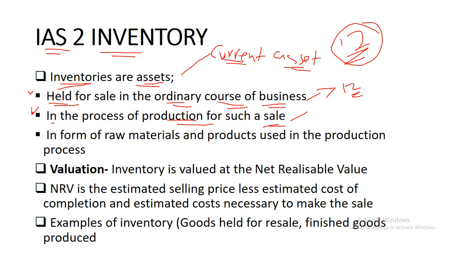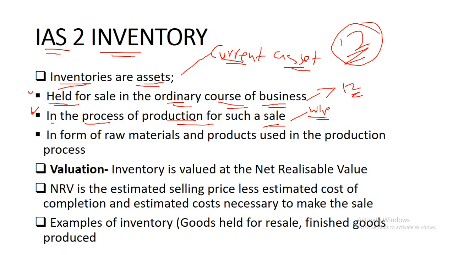These are goods which are in the process of production, right? Work in progress. You're producing goods, they're in the process of being completed. Maybe they've passed through one process, then they're going to the other process. So this is also called inventory.